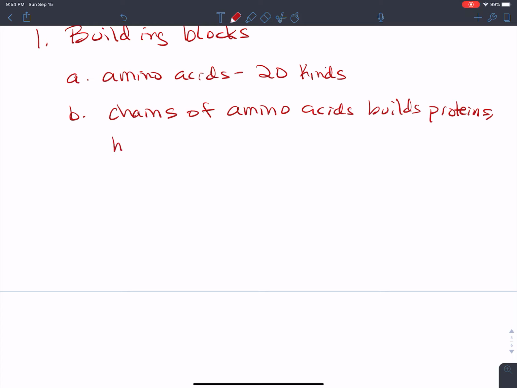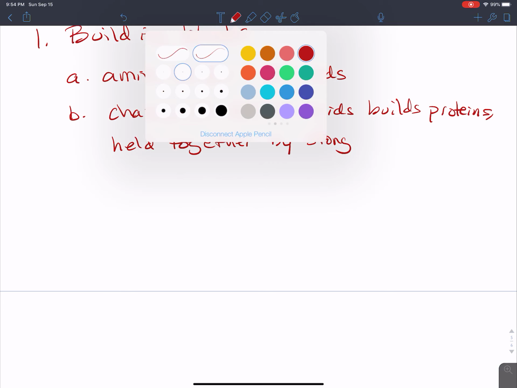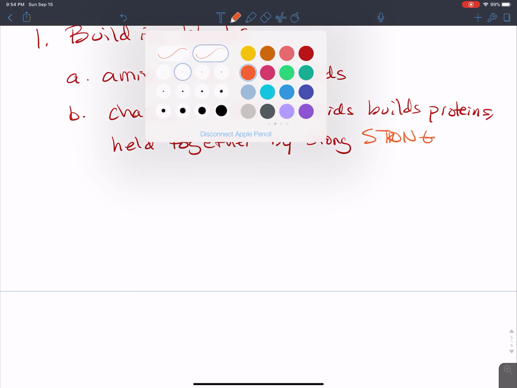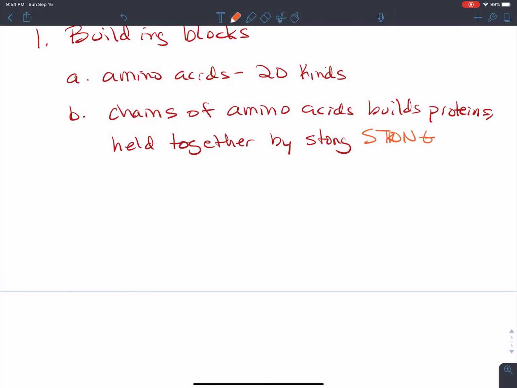And those chains are held together by very strong peptide bonds. These bonds hold them together.